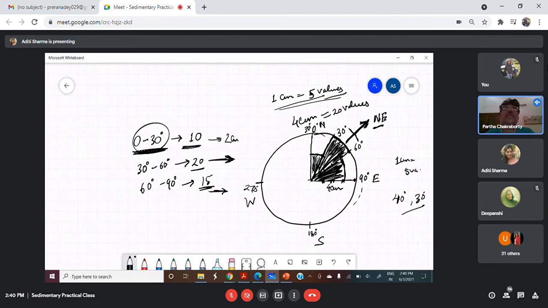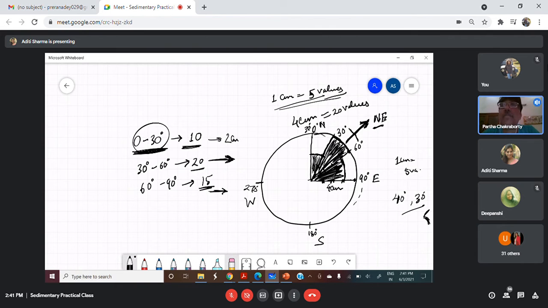In that case, if I take a very large class interval, I will be losing all the resolution of the data. So I may go to a 10-degree interval: 0 to 10, 10 to 20, 20 to 30, 30 to 40. It can be a 20-degree interval also, 0 to 20, 20 to 40. It all depends on your total number of data and which area you are covering.